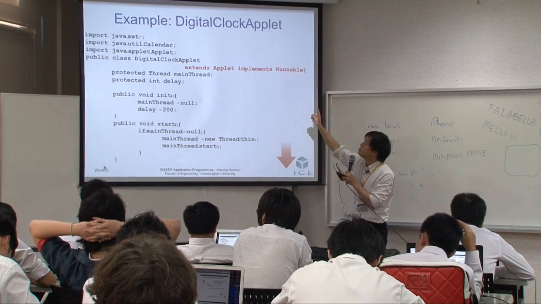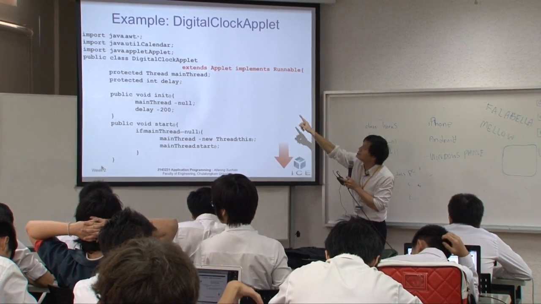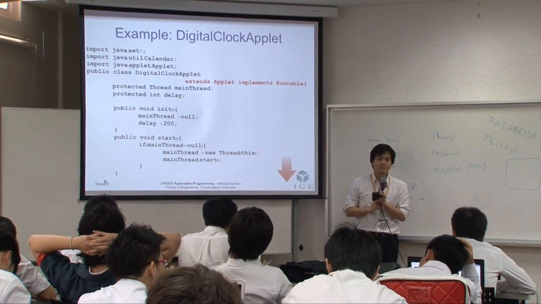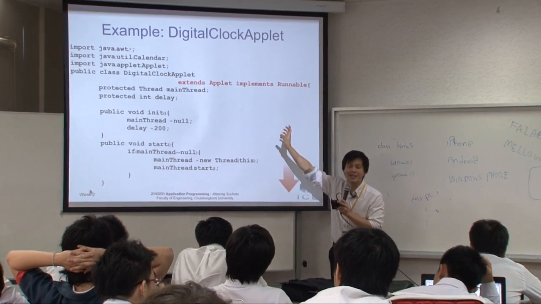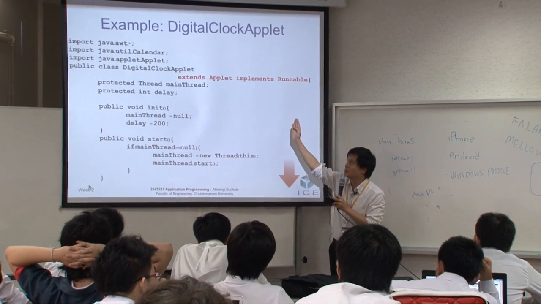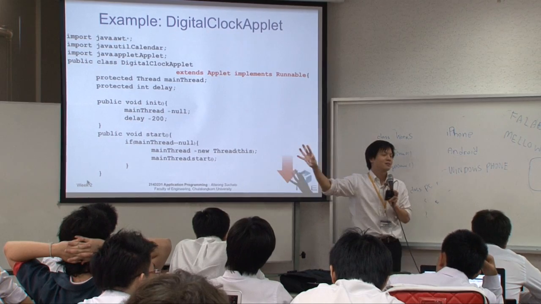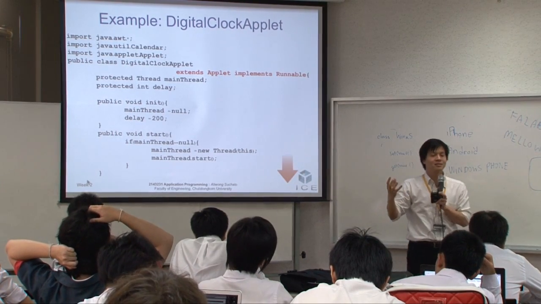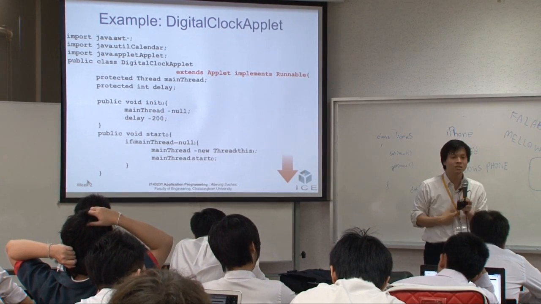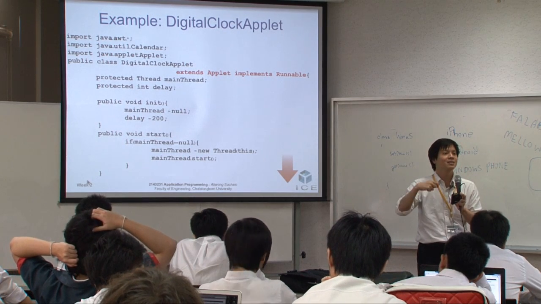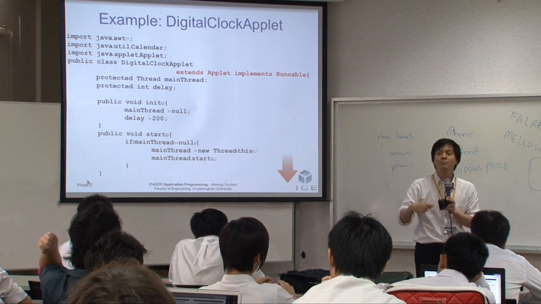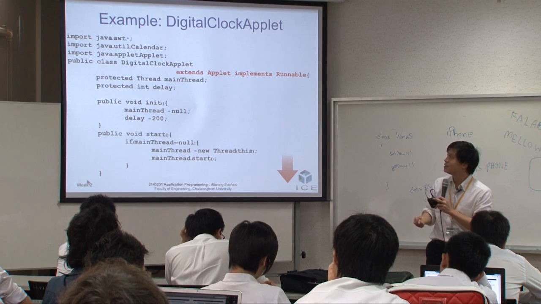This clock extends applet. Just look at the header first. It extends applet. Inside here, we will create some threads that keep forcing the invocation of the paint method repeatedly.